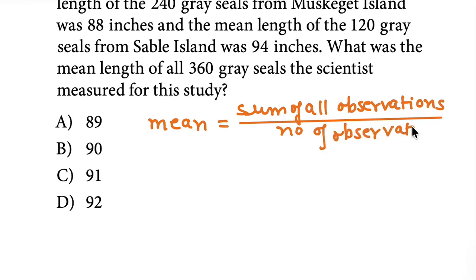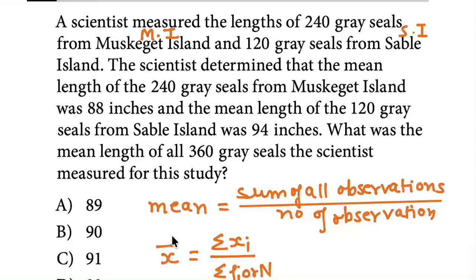Now if we write this formula in symbolic representation, then mean is equal to the sum of all, this is the sign for summation, read as sum of all terms, that means x is the observation, and the sum of all observations upon the number of observations can be written like this, or it can be written like this depending upon the question.